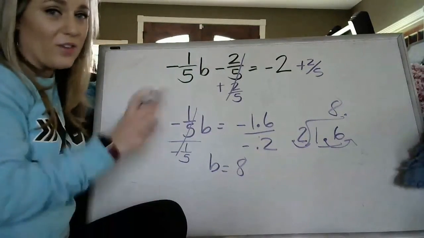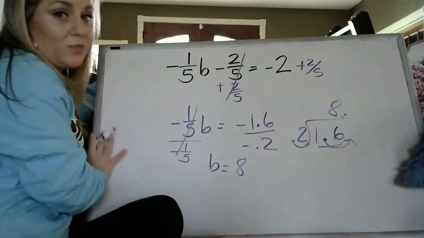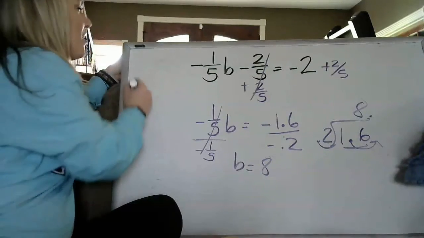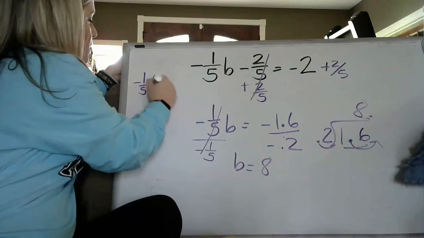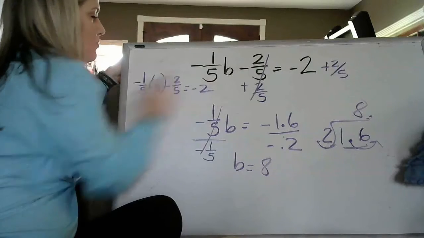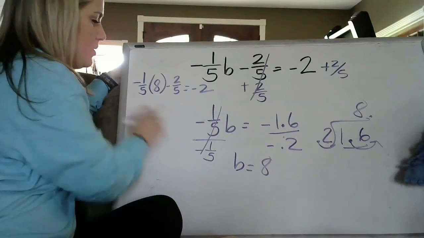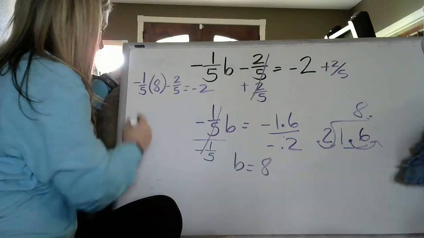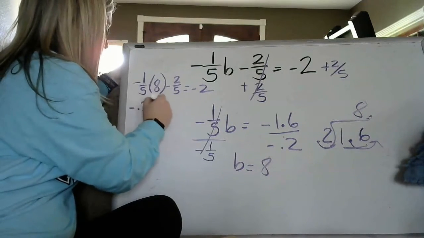We did a lot of converting decimals and fractions and all that. We need to definitely check this one. Let's see if we got this right. Okay, so negative 1/5 times positive 8 minus 2/5 equals negative 2. All right, so let's see. 1/5 we said was 0.2. So let's do negative 0.2 times 8.